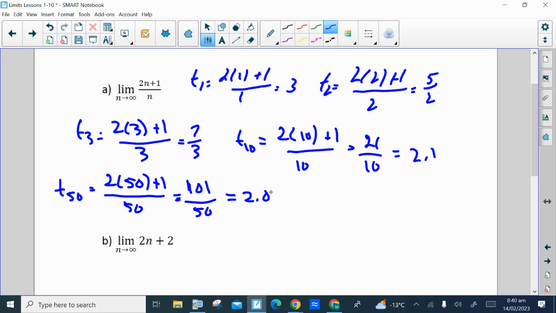So I think that we can guesstimate in this case that this limit would be positive 2. As n, the term number, gets larger and larger, the value of the expression appears to be approaching a value of positive 2. So that we would say would be the value of that limit.